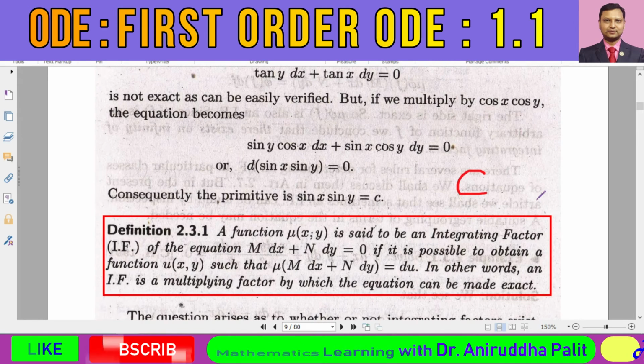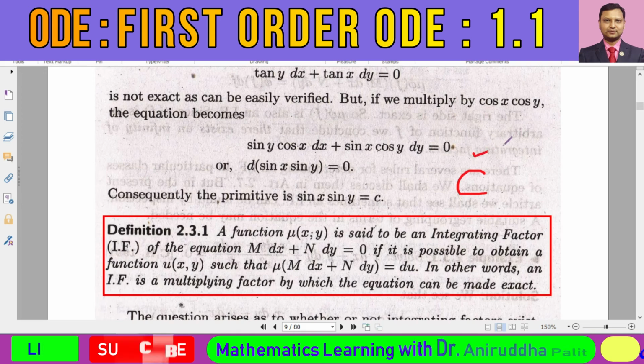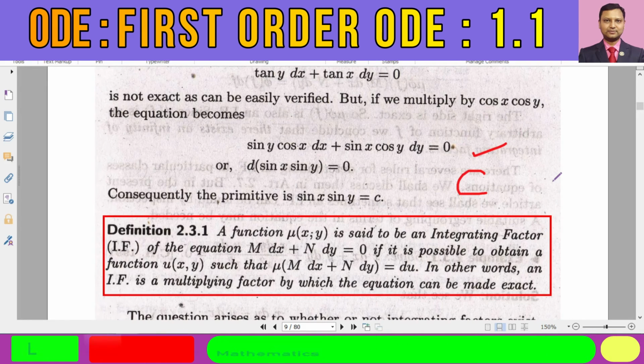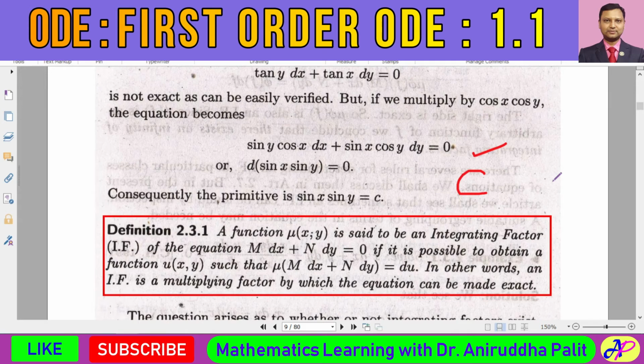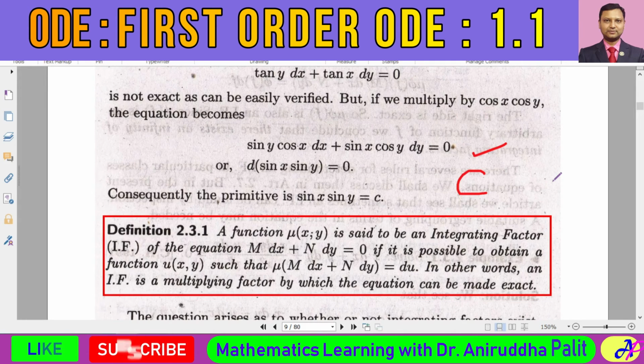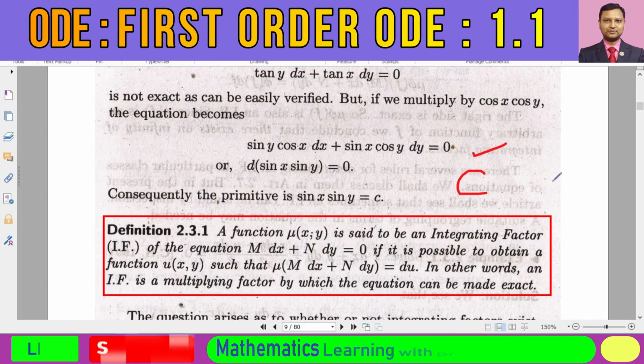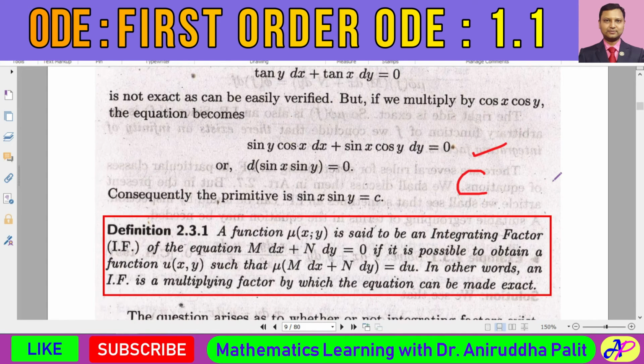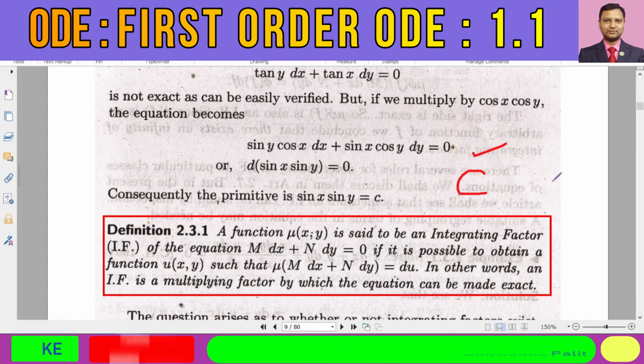The theorem says that this kind of arbitrary constant, whatever be the number, maybe 2, maybe 3, or maybe 4, if we have an nth order differential equation, then in order to solve it, we need to integrate it n times.